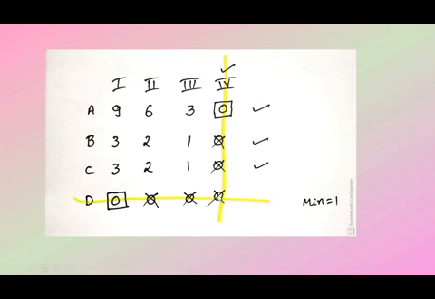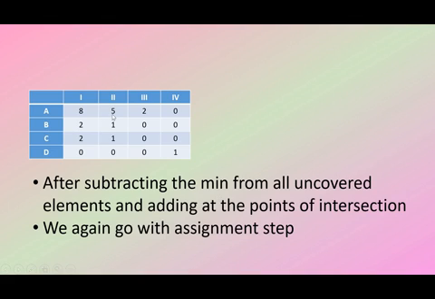So the resultant is 8, 5, 2, 0, 2, 1, 0, 0, 2, 1, 0, 0, 0, 0, 0, 1. So this is the new cost matrix that I've got after subtracting the minimum from all uncovered elements and adding at the points of intersection.